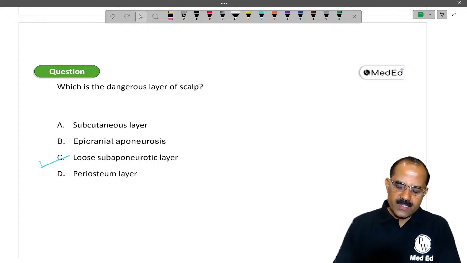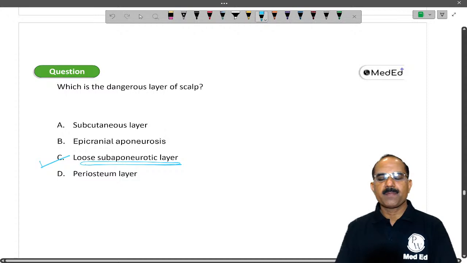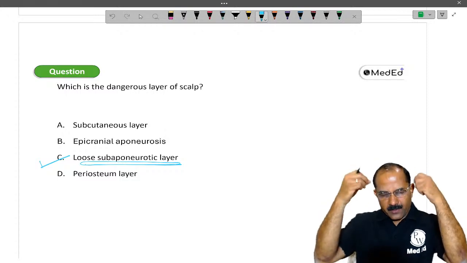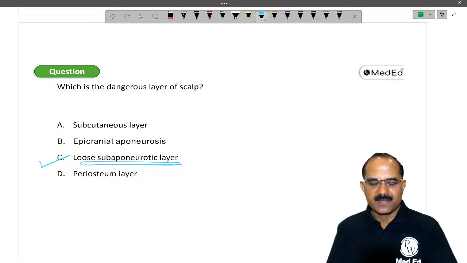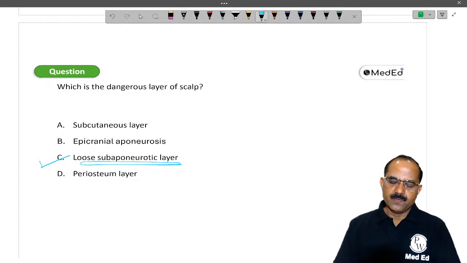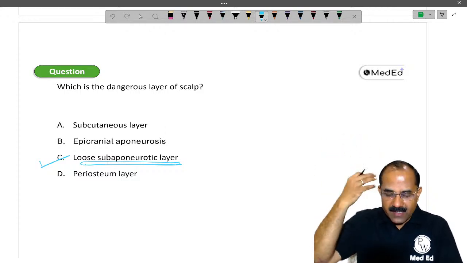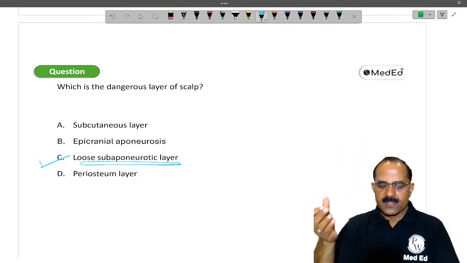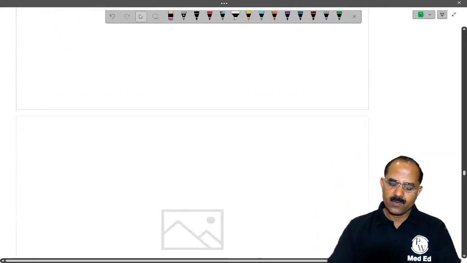That is the loose areolar tissue, or the loose subaponeurotic tissue, because there are a large number of veins here. Easy. So infection directly goes to the sinuses inside the skull. So this layer of the scalp is known as the dangerous layer of scalp. Okay, that's another easy MCQ.